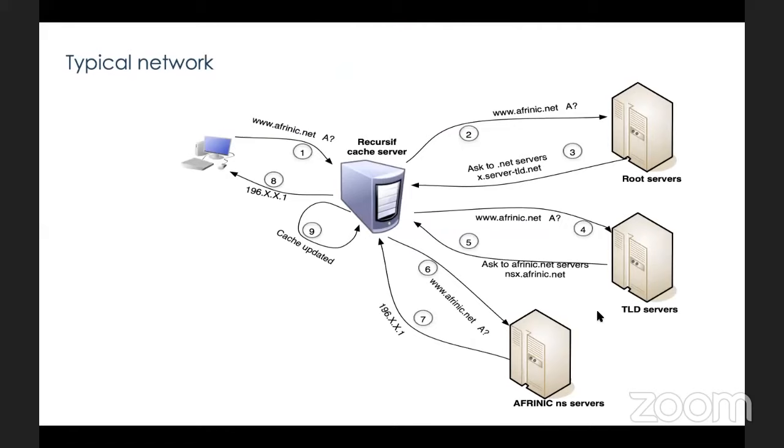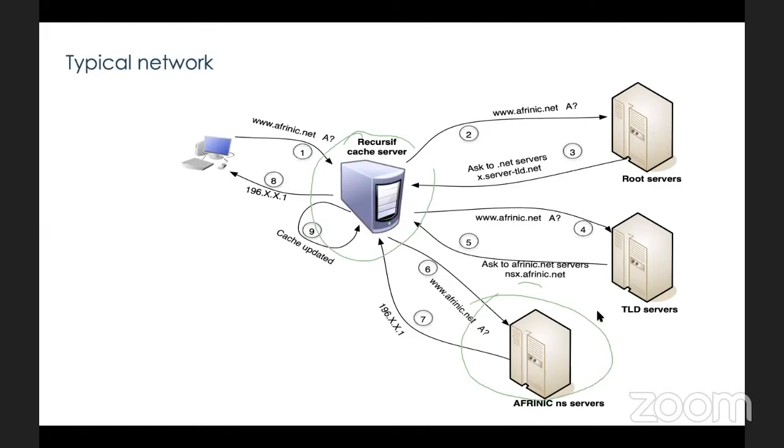So we have a typical network for this presentation. Usually we have some components. The most important, we'll start by the recursive cache server. Then we'll also talk about the authoritative and the slave servers.